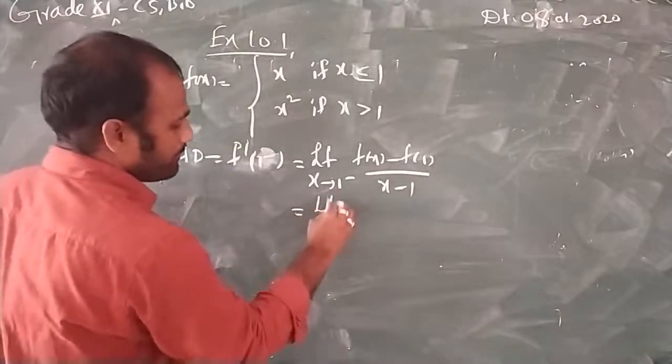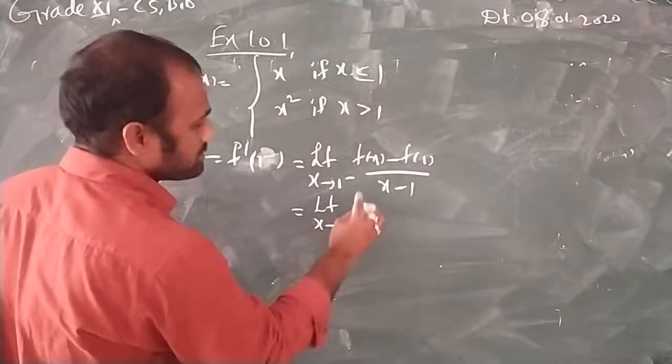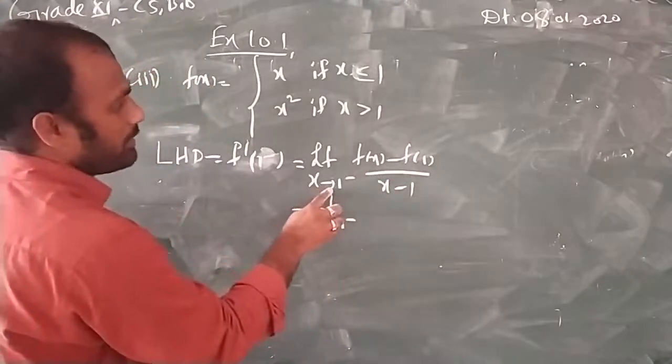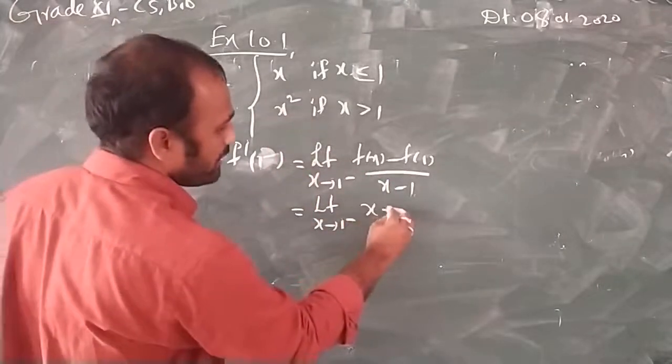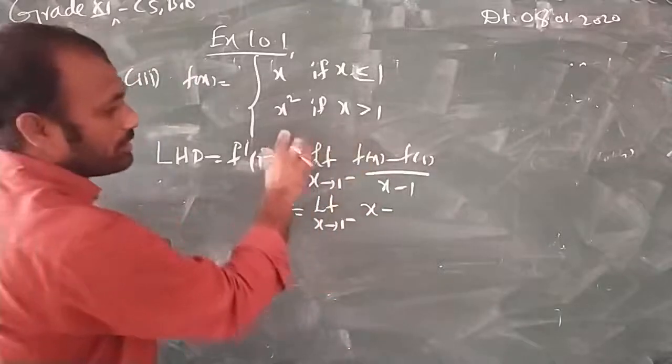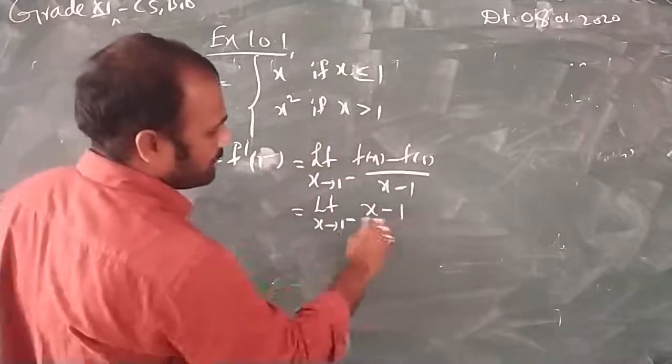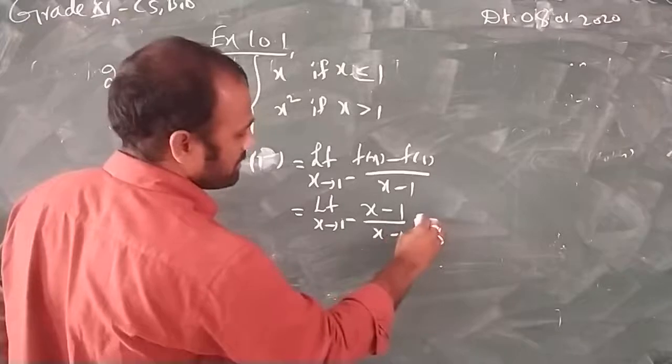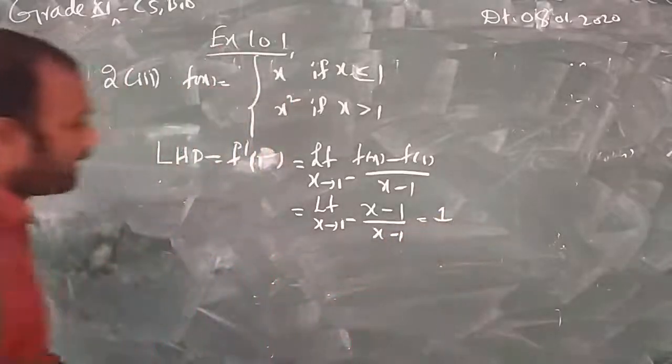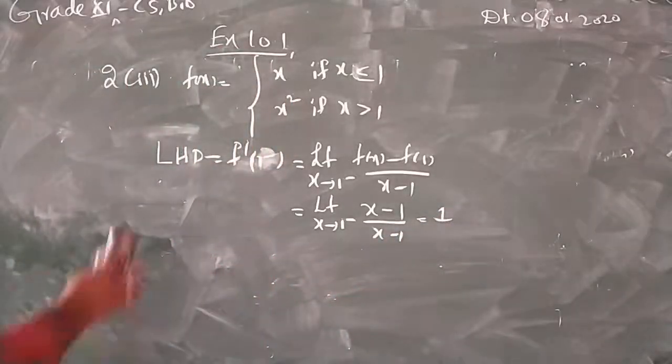So limit x tends to 1 minus, the function which is less than 1 is x only, x minus, if I substitute 1, it will be 1, divided by x minus 1. So x minus 1 gets cancelled. I got the left hand derivative as 1.